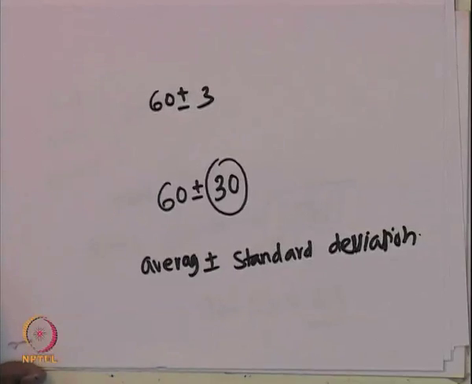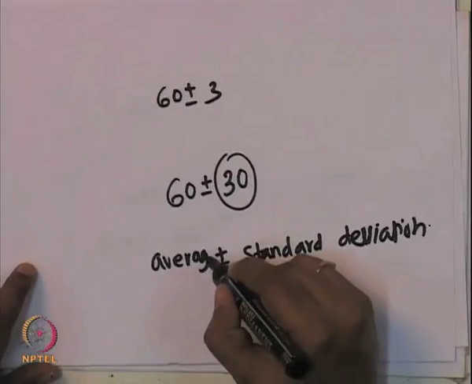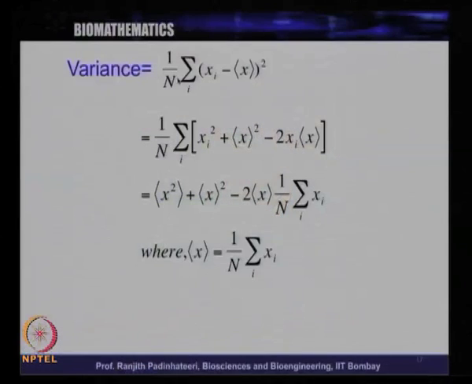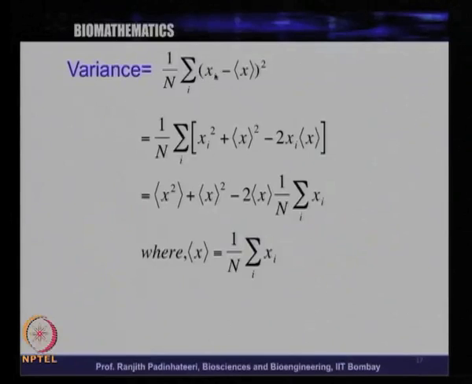So now, before this, average plus or minus standard deviation. Let us once more check the way we calculated standard deviation. We define variance by taking each measurement and subtracting its average. So you first find the average, then subtract the average, find the square, and sum. Very simple.